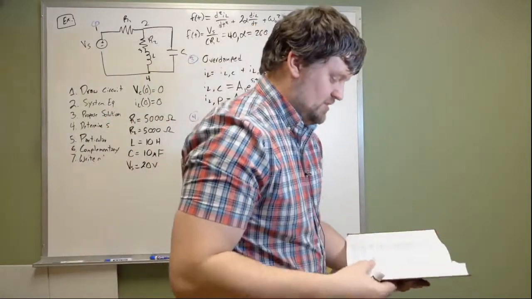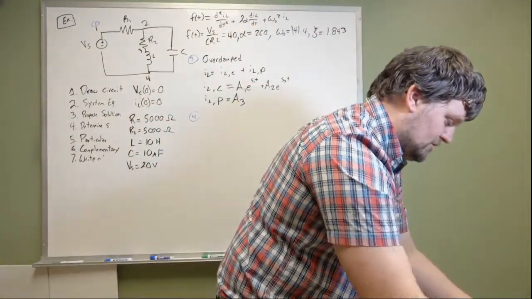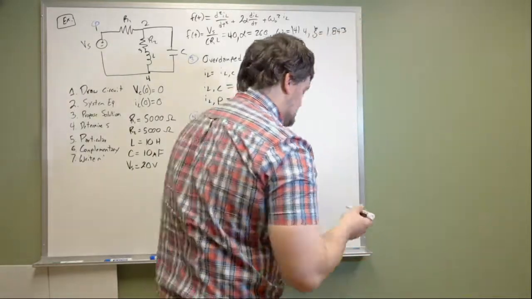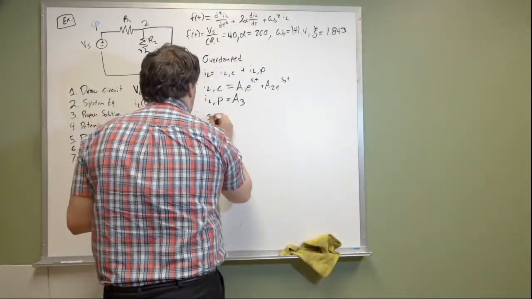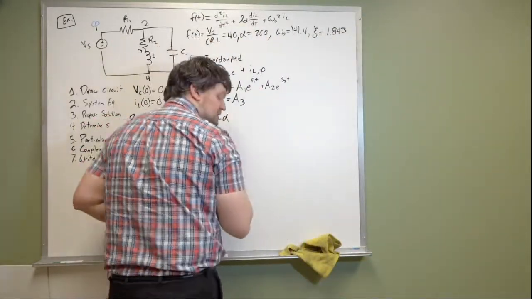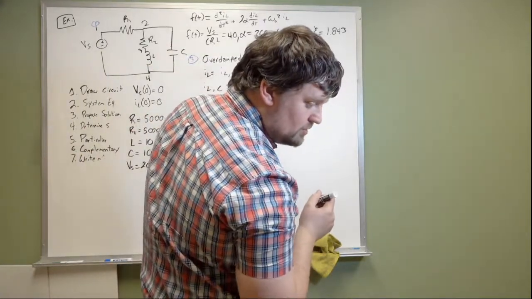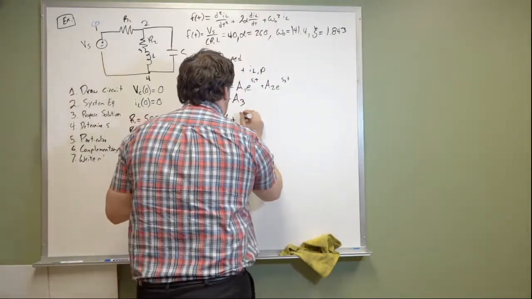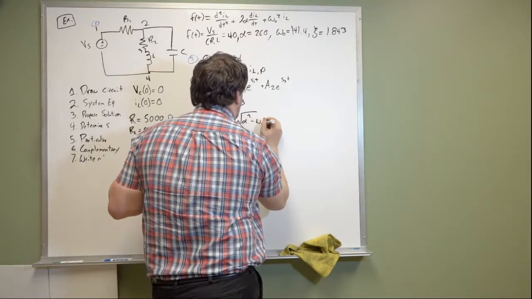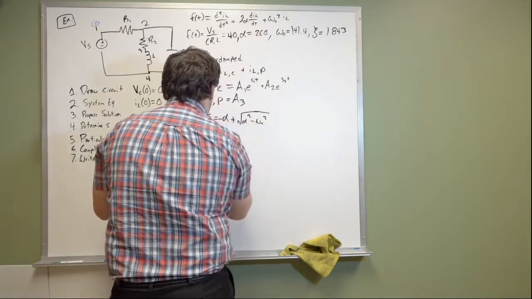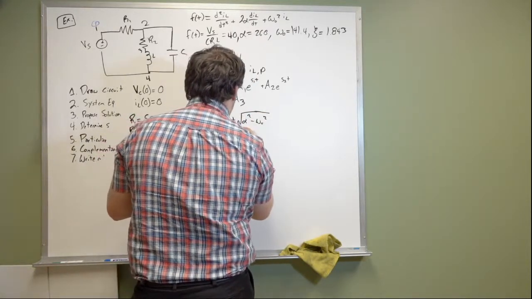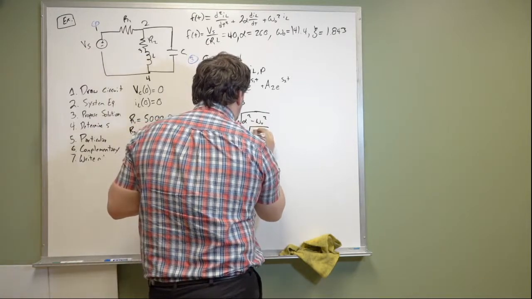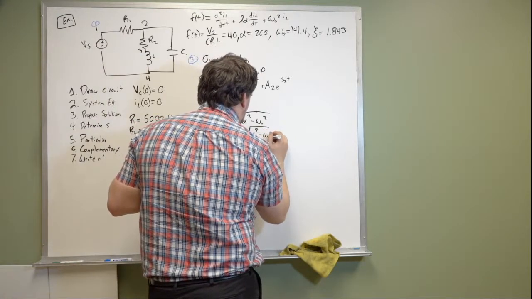Here, the S values are given by S1 is equal to negative alpha plus square root of alpha squared minus omega naught squared, and S2 is equal to negative alpha minus square root of alpha squared minus omega naught squared.